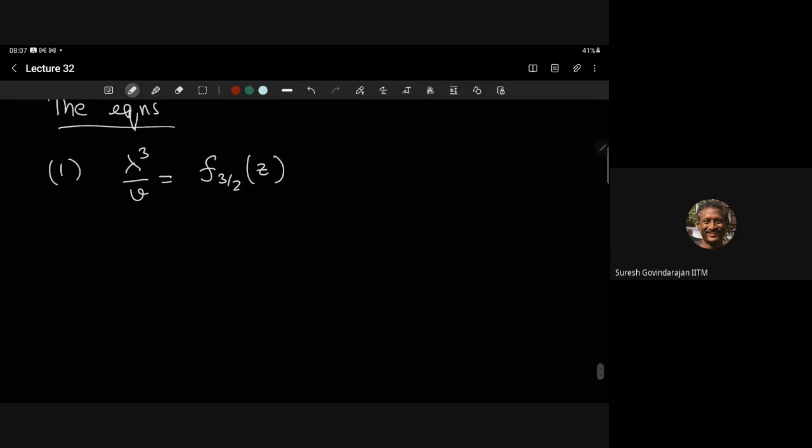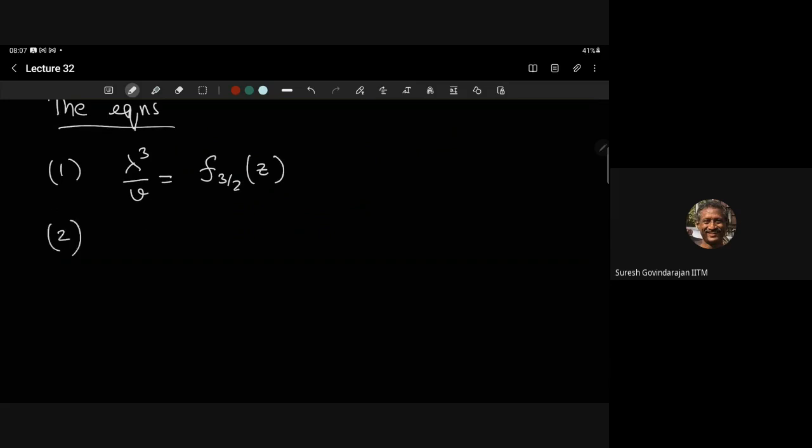The equations that are relevant, we have actually worked out already. The first one is just 1 by v, but I'll write it like this. We had an expression for 1 by v, right? Lambda cubed over v was equal to f_{3/2}(z), where this f function we already defined.